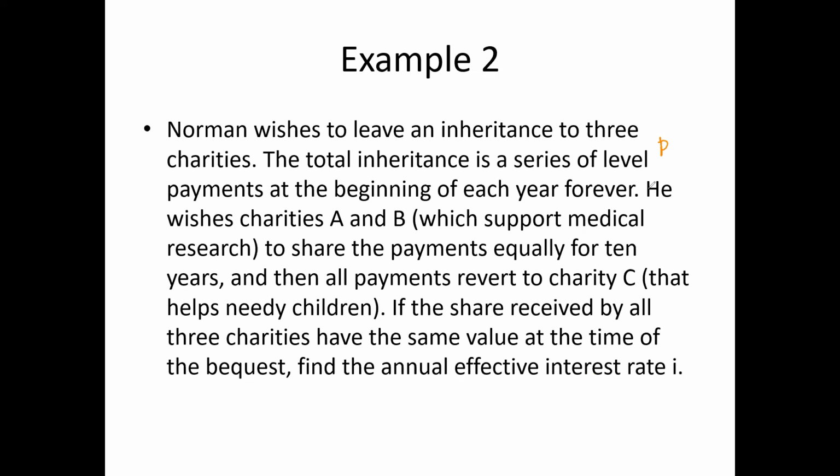There are a lot of unknowns. So let's see if we're able to set up an equation and cancel out all the unknown information and try to solve for i. First of all, the present value for charities A and B should be the same. So what is the present value of charity A?